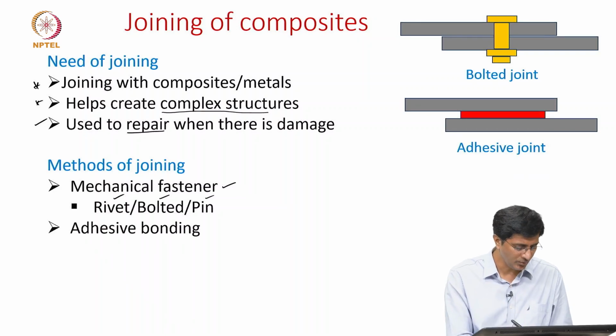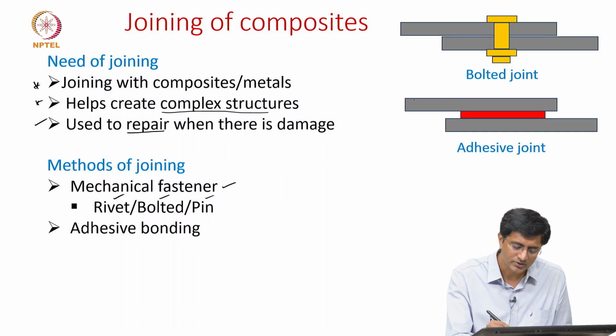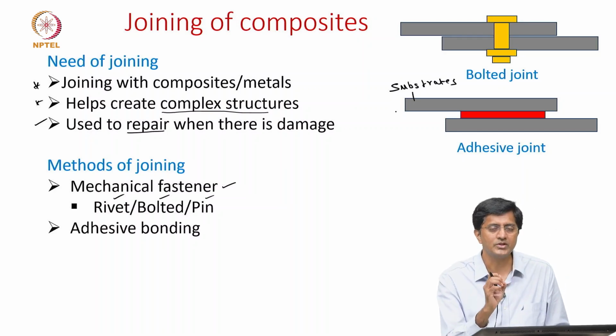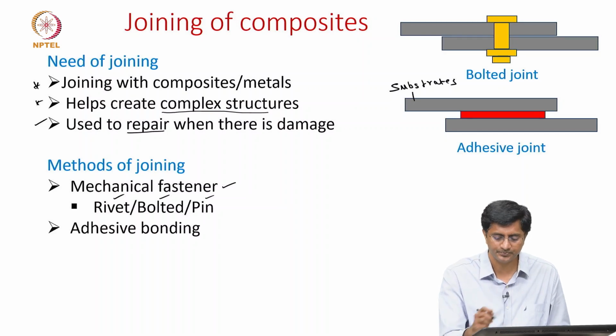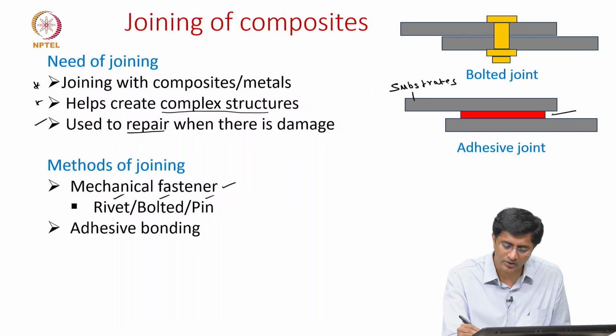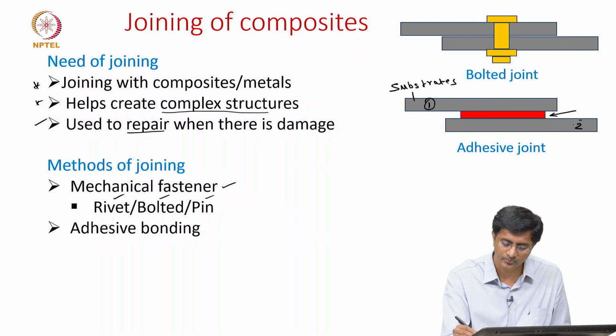The more commonly used is adhesive bonding, where, let's say, let's call these substrates. Substrates are ones which are either made with metal or composite. So this could be a composite laminate or maybe a metal sheet. And in between, to join these substrates, let's say this is substrate 1 and this is substrate 2, we use a material called adhesive.